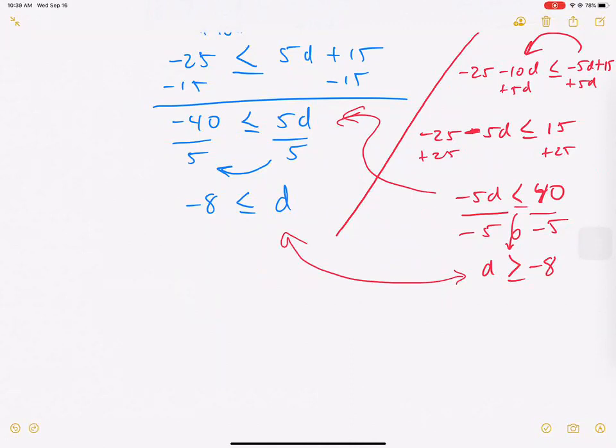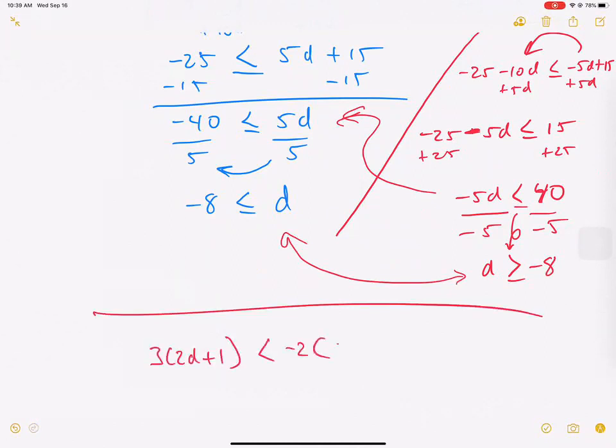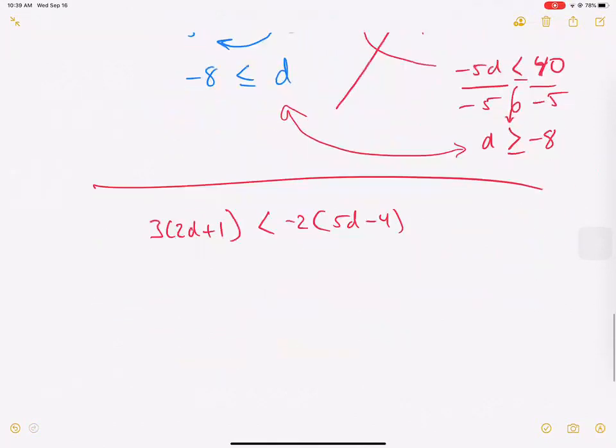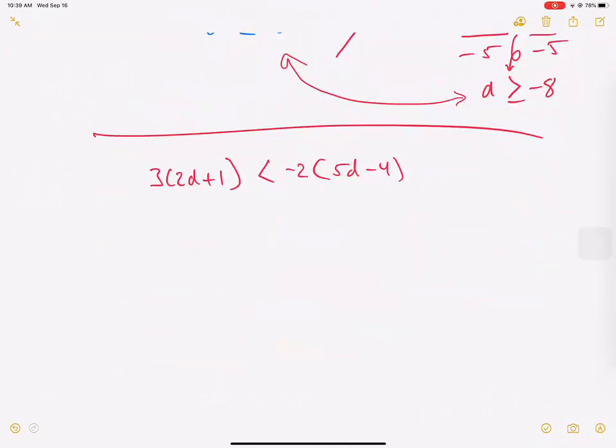Okay. Let's do one last one. If I give you guys parentheses, okay, I just made this one up. For these types of problems, my recommendation at this level is to just multiply out the parentheses.